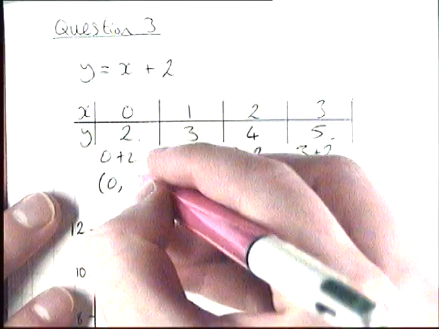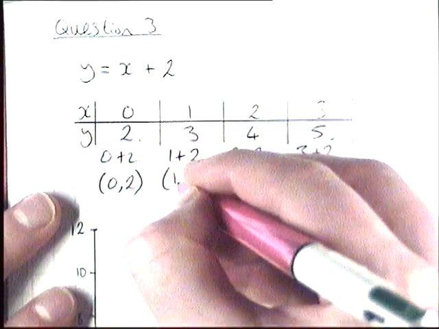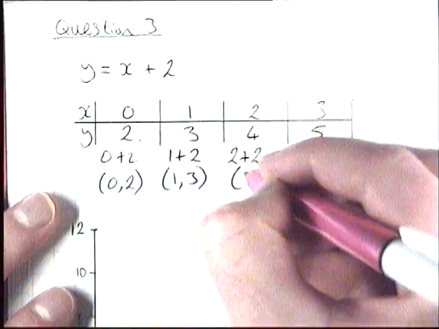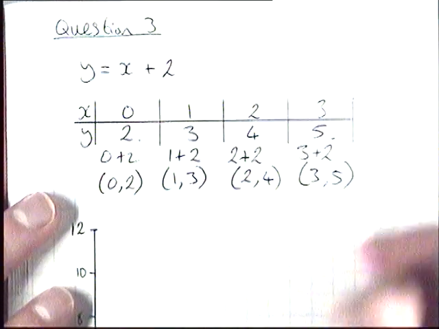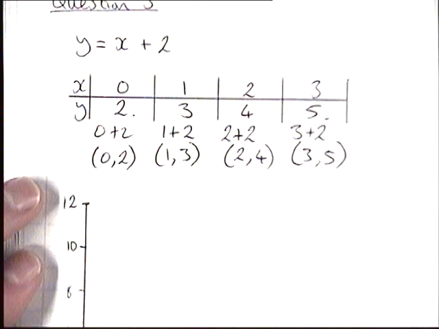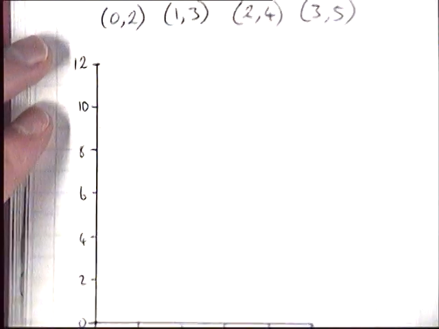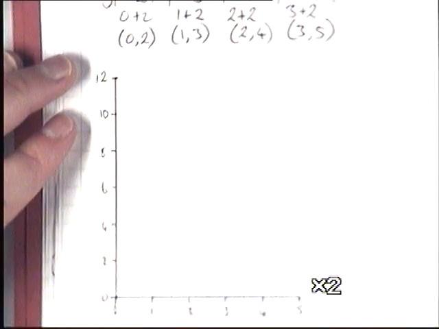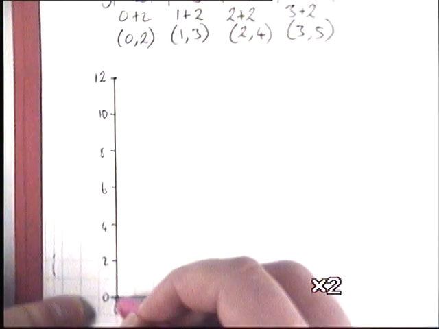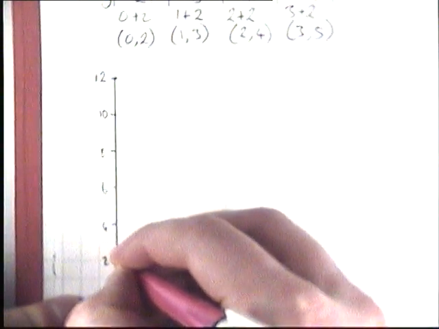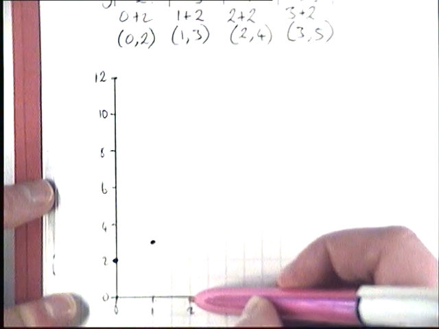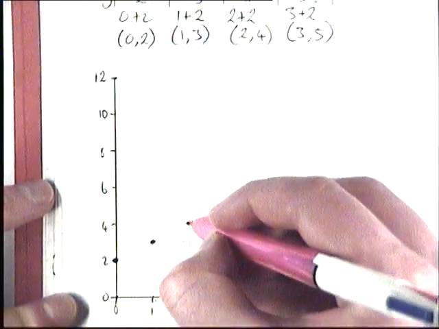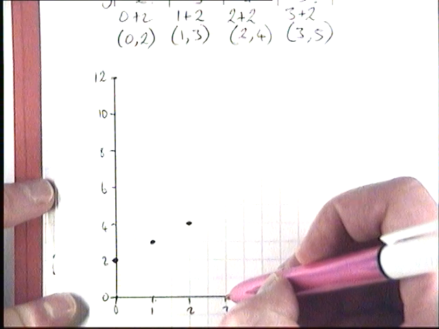So we've got 0, 2. When x is 1, y is 3. When x is 2, y is 4. And when x is 3, y is 5. So we're now going to plot those on our axes. So we've got 0, 2, 1, 3, 2, 4, and 3, 5.